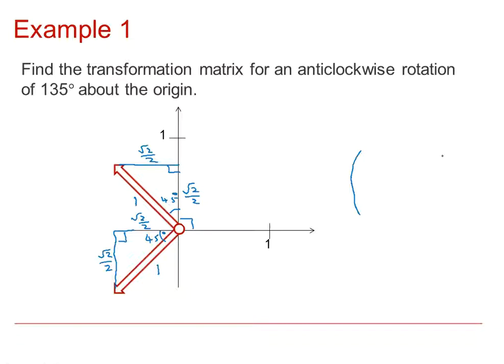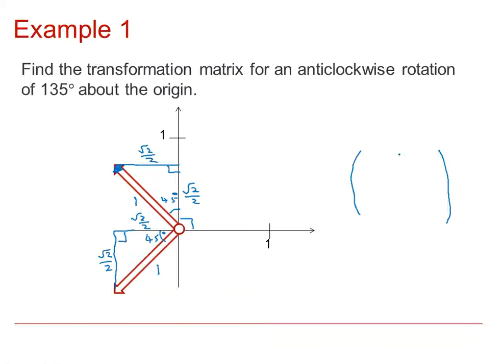So if we remember, the direction of the thumb will always give you the first column of your transformation matrix. So if we look at this one first, which way is that pointing?